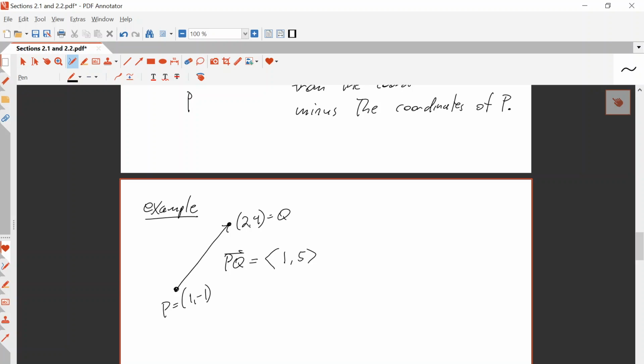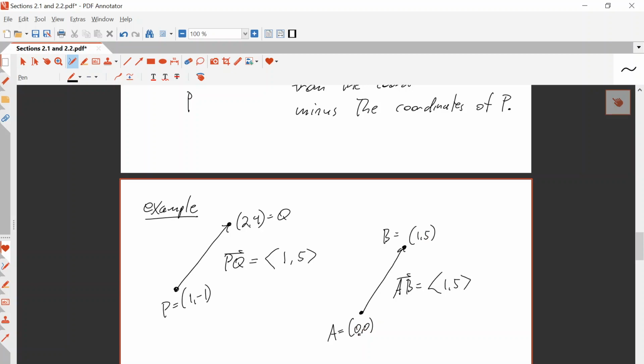Okay, notice that this same vector, 1, 5, can also appear between several other points, right? If we had 0, 0, so this is point A, say, and if this was point 1, 5, then here, point B, then the vector AB is also equal to 1, 5, head minus tail, 1 minus 0, 5 minus 0.